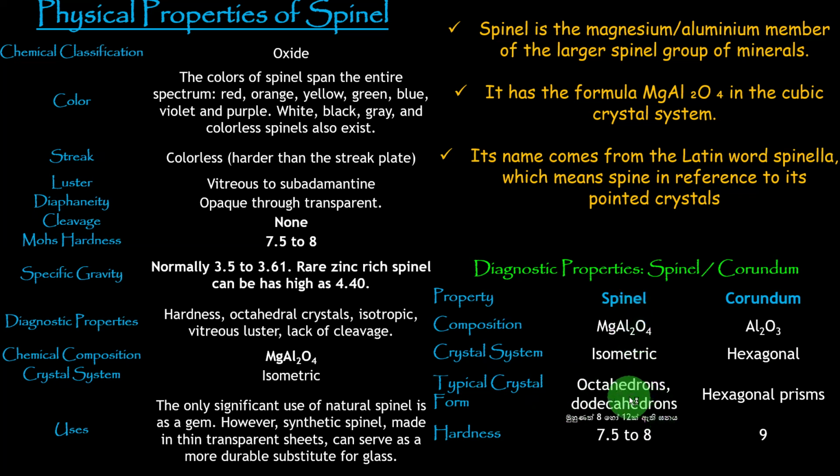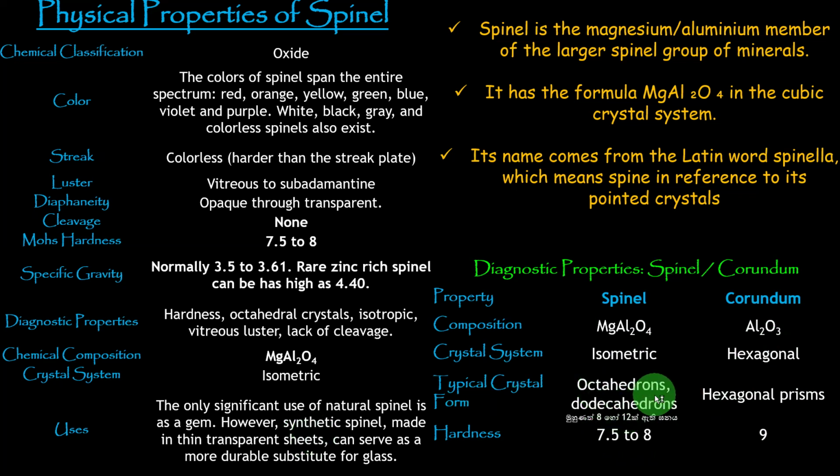Spinel comes with 8 sides or 12 sides sometimes. So it is very easy to understand the crystal shape, 8 sides or 12 sides. Corundum is hexagonal prisms. The hardness of corundum is 9, but spinel is 7.5 to 8. That is the hardness. These are the differences between spinel and corundum.